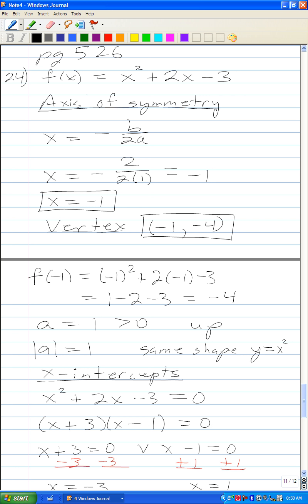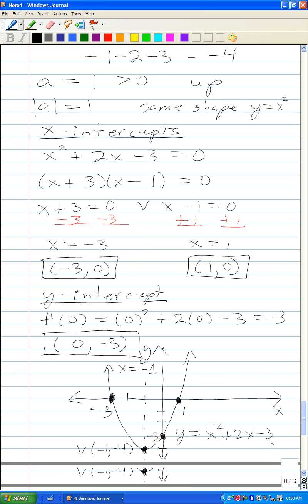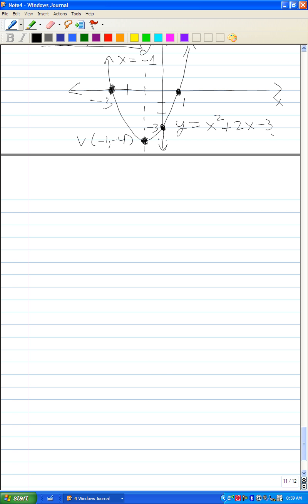Let me do problem number 26. f of x equals negative x squared plus 4x plus 4. Okay, so let's do the same sort of thing. So let's find the axis of symmetry.